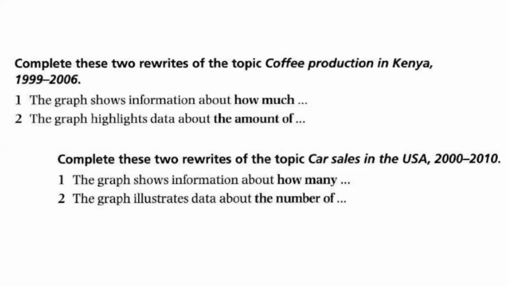Okay. So here, if you look at these two possible beginnings of introductions, you can see that there is a difference. Read it carefully and think. Why has he put how much, the amount? He has put how many, the number of.